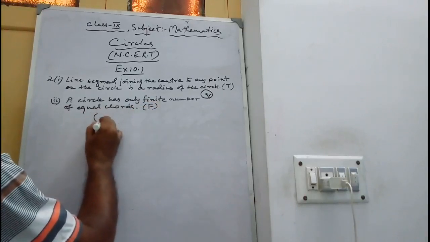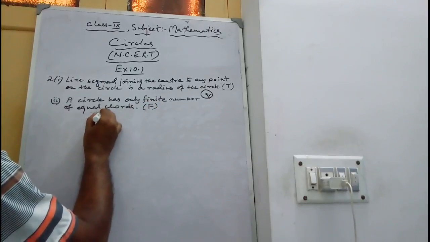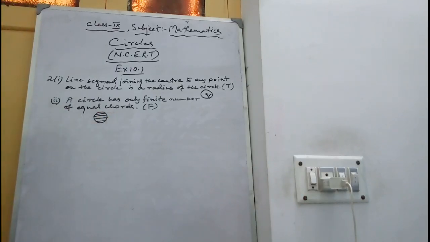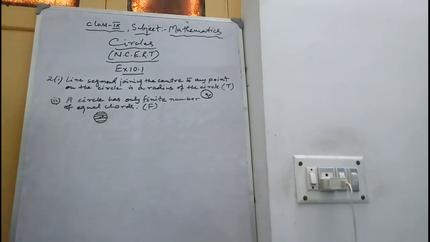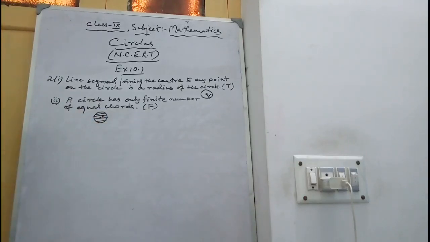This one is a chord, this one is a chord, this one is a chord, this one is also a chord, and this one passes through the center. So there are many equal chords, they are not finite. So that statement is false.